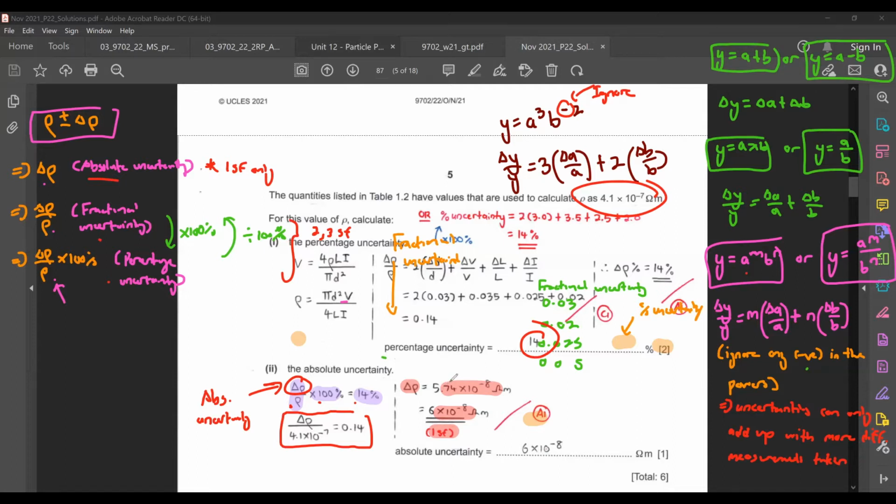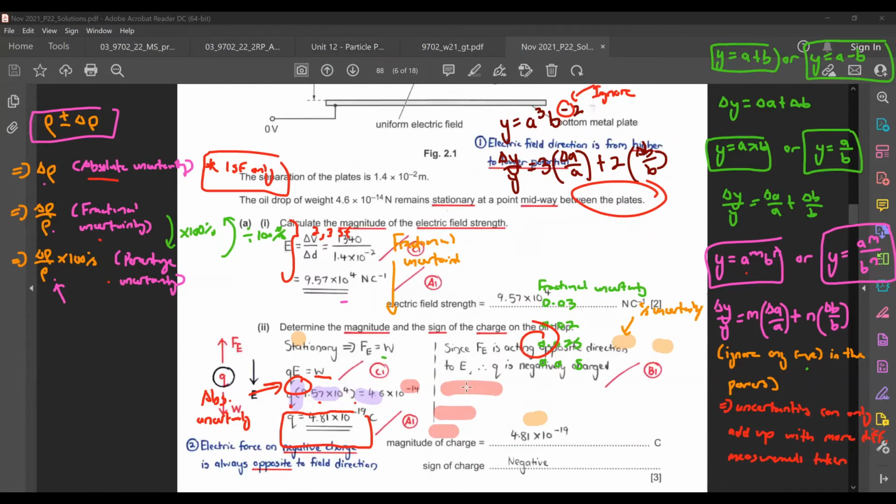I don't leave it as 2, I don't leave it as 3. I tend to leave it as 1 because absolute uncertainty tends to be at 1 SF only. This is the special case when it comes to absolute uncertainty. Last time I mentioned to you guys before that final answer usually must be minimum 2, maximum 3. There are some exceptions. If you have absolute uncertainty, most of the time you have to put it at 1.